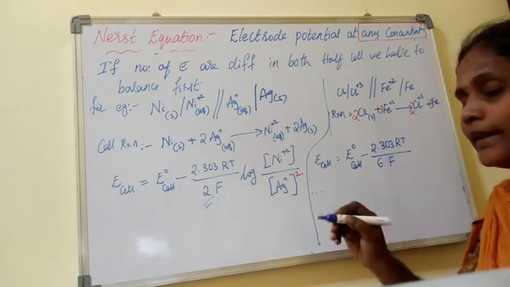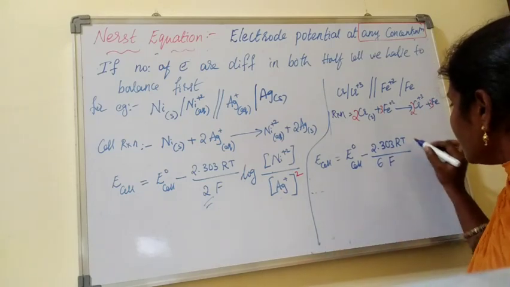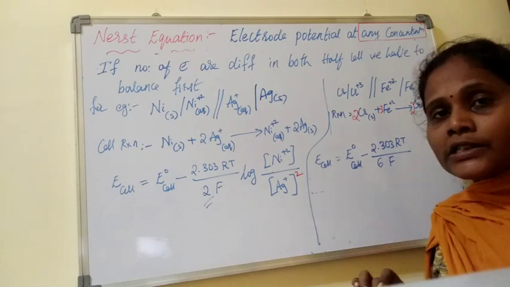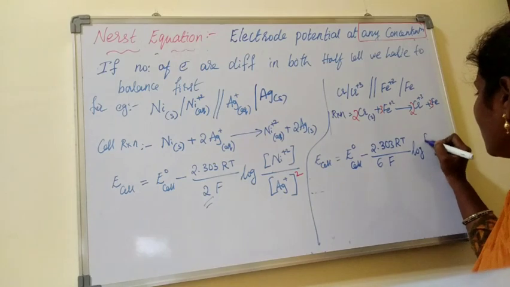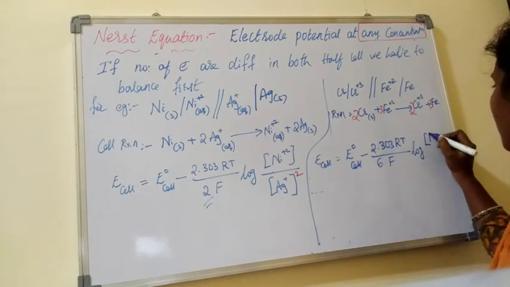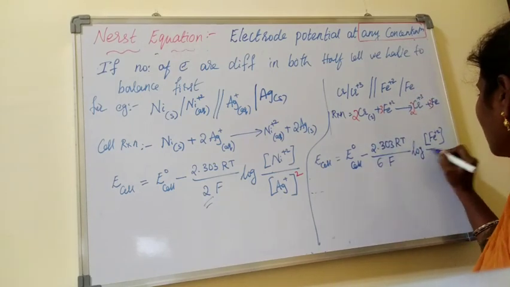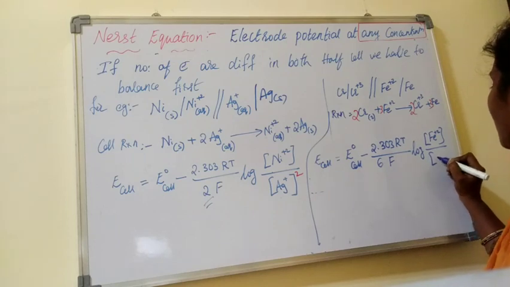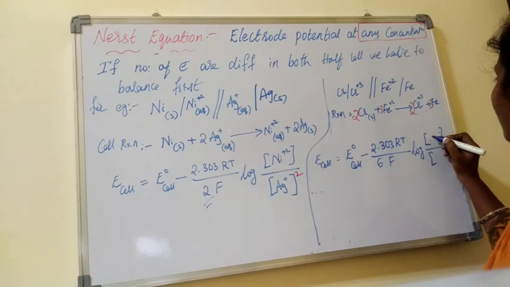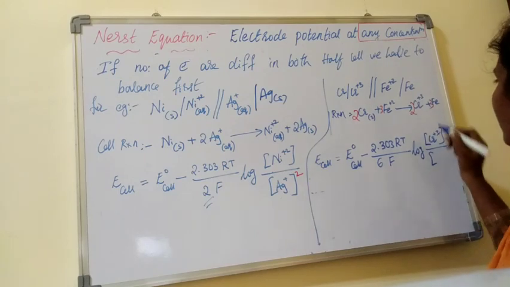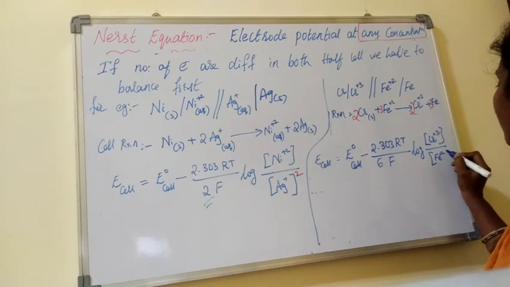F is Faraday's constant. Actually, substituting all these, I will get 0.059. That also I can write. Then log of the concentration of the products by the concentration of the reactants. The product is chromium 3+ and the reactant is my iron 2+.